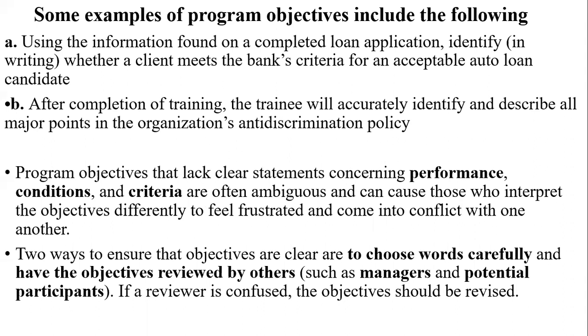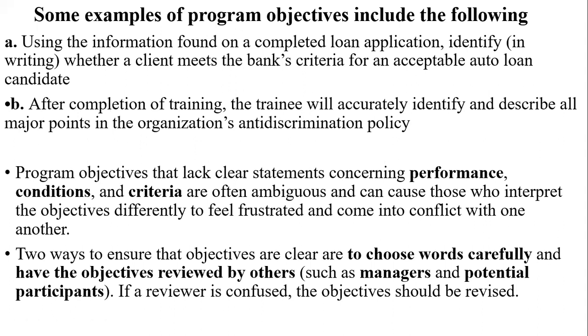So basically, they are saying that by the time they complete the training program, the trainees should be in a position to evaluate a loan applicant to ascertain whether they should be considered for the loan that they have applied for.